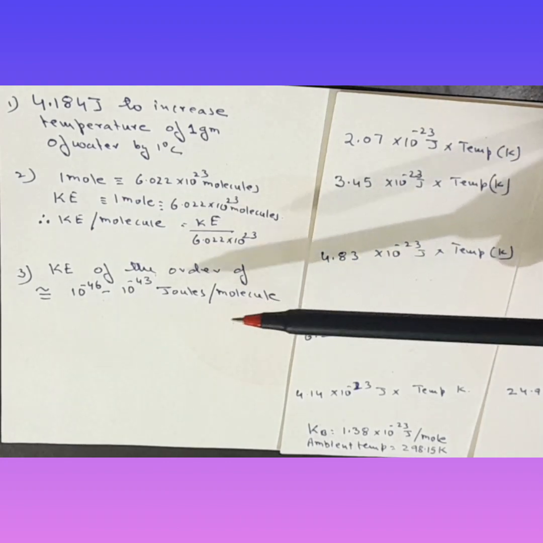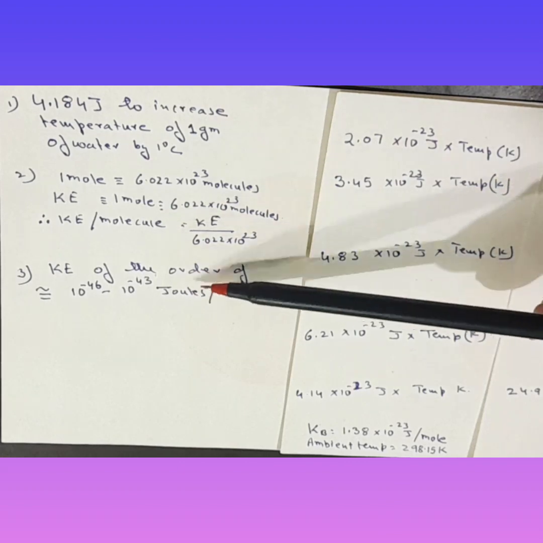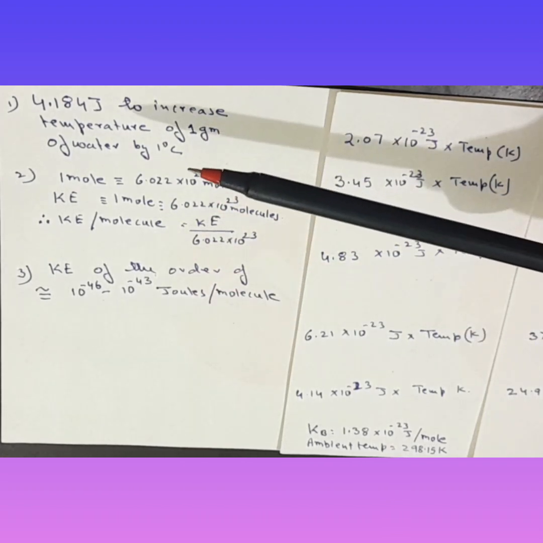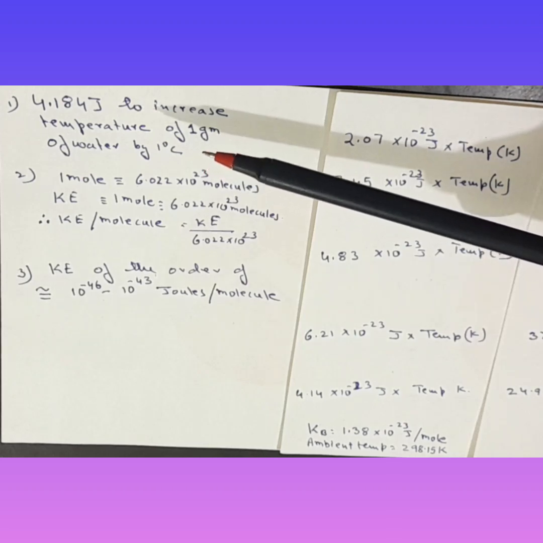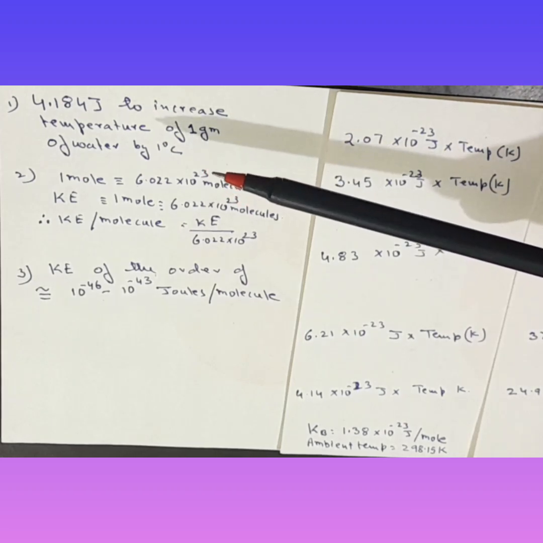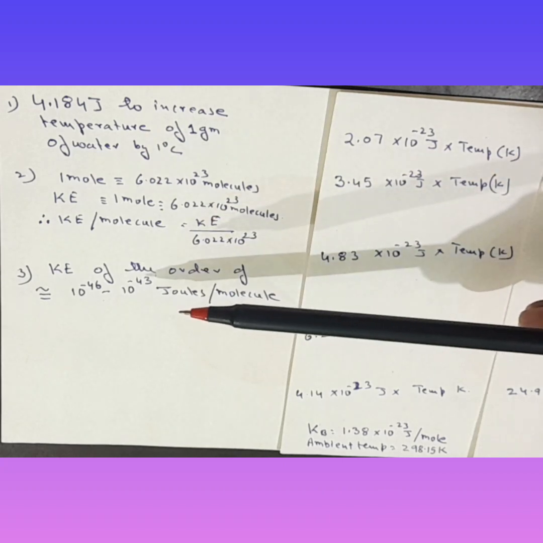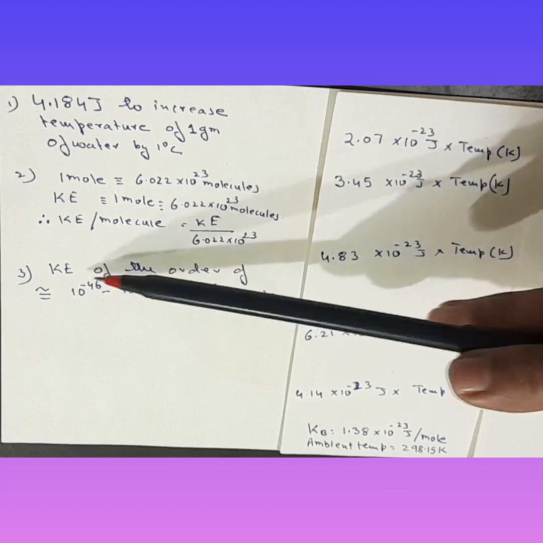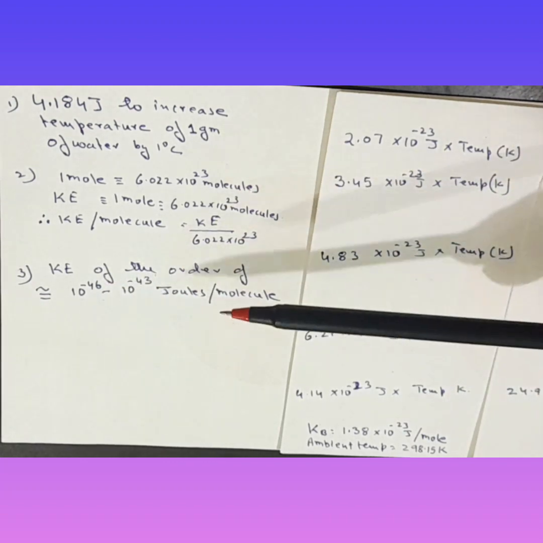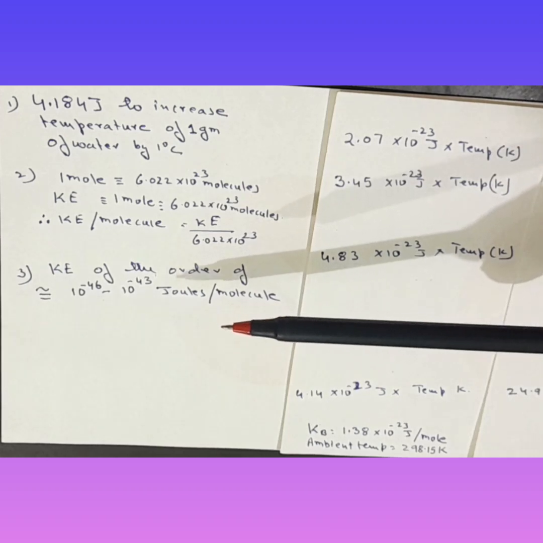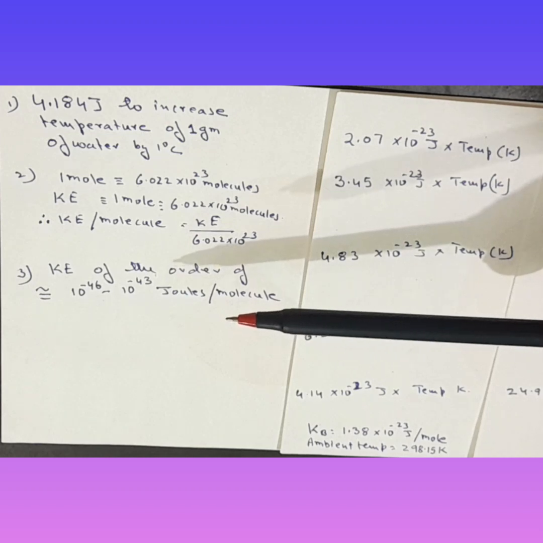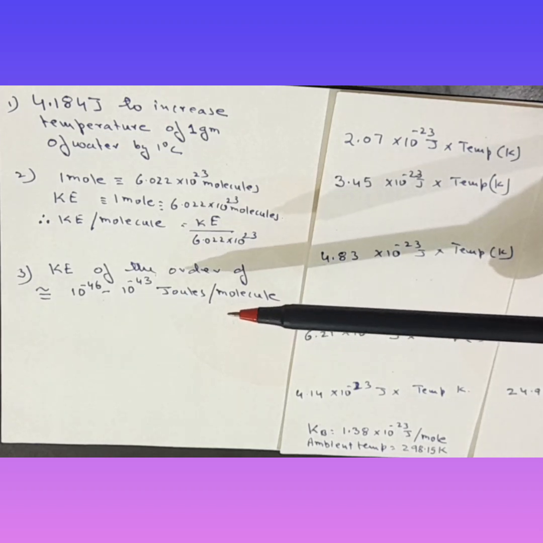Now you can compare this with the 4.18 joules per degree rise in temperature of water, whereas the molecules possess energy of this order. This is just to give you an idea about the temperature rise in our nostril when aroma producing atoms or molecules strike the sides of our nostrils.